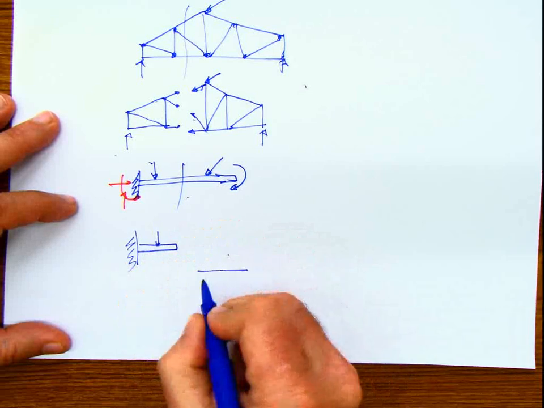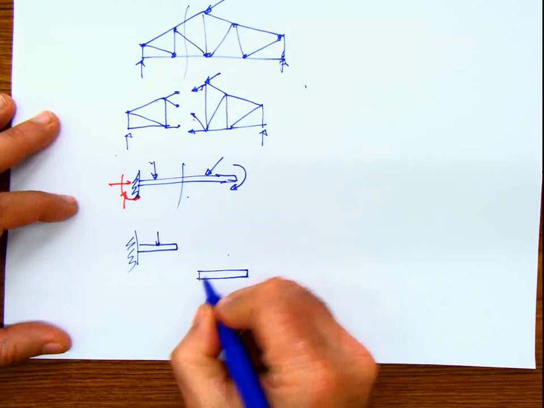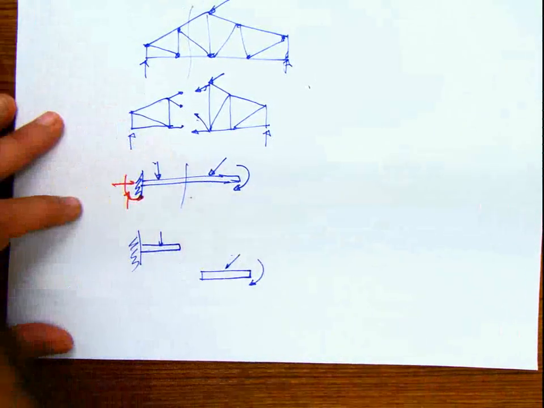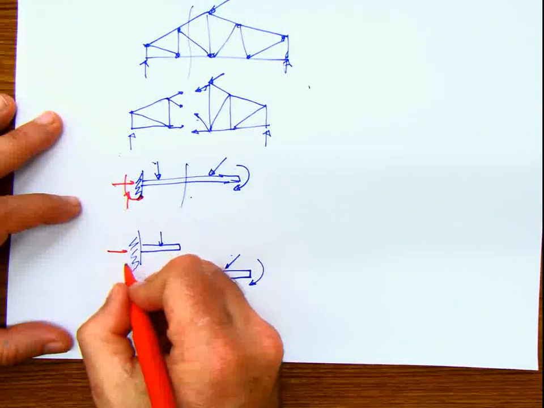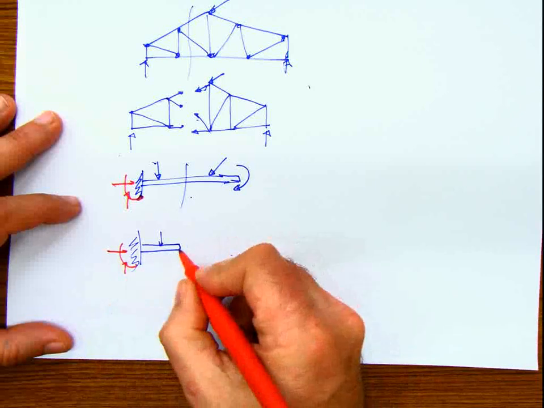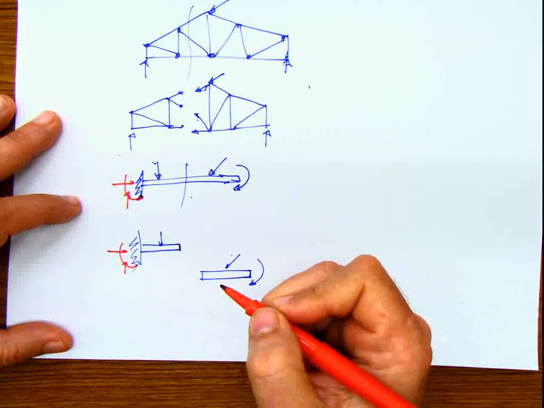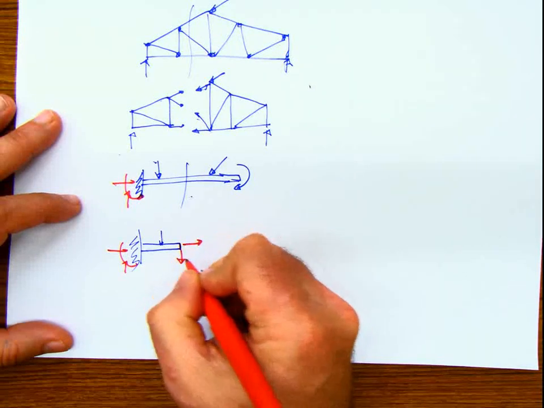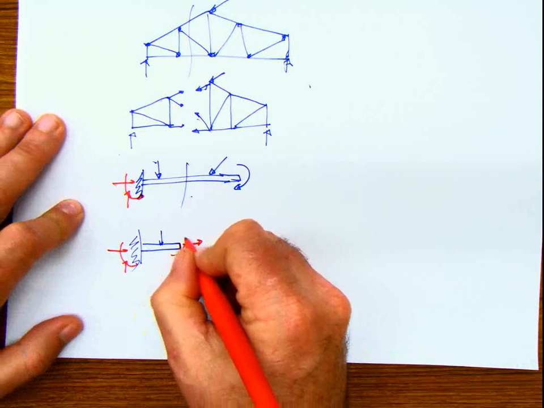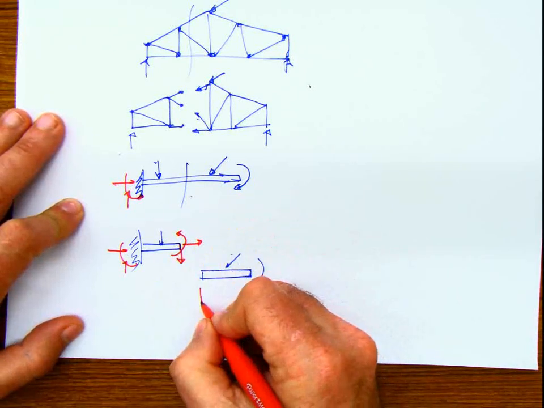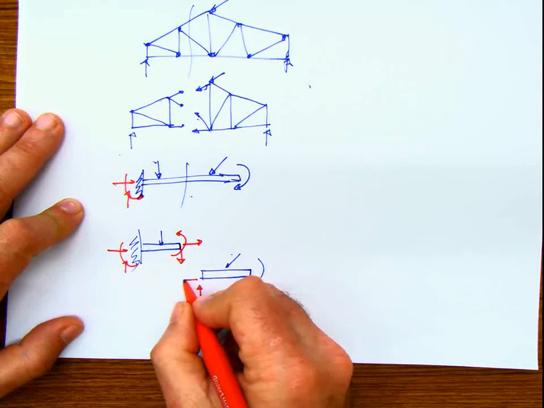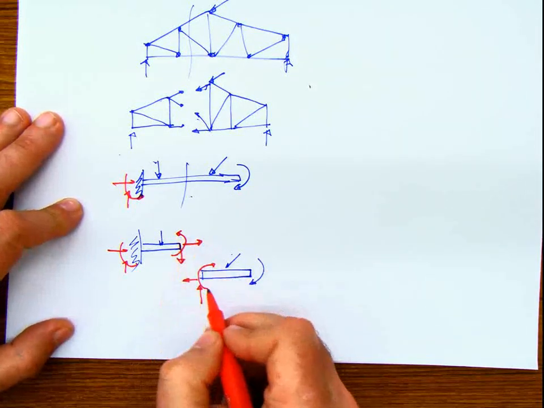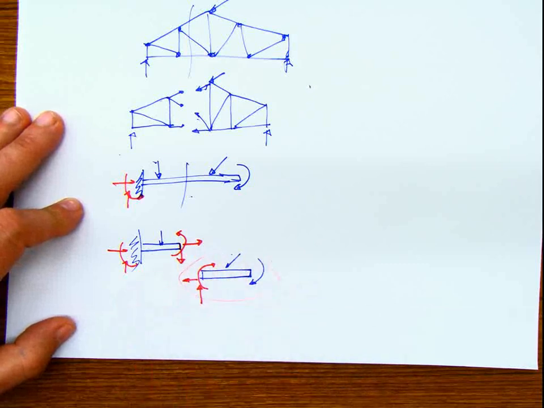So this part and this part should be in equilibrium. The only way these two parts are in equilibrium is if at this end you have some internal forces acting on that part, and in this part you also have some internal forces acting. And these internal forces are the ones that are going to keep this part in equilibrium.